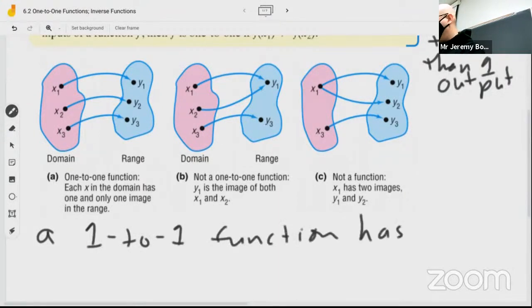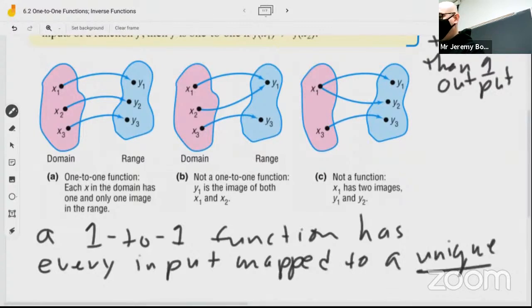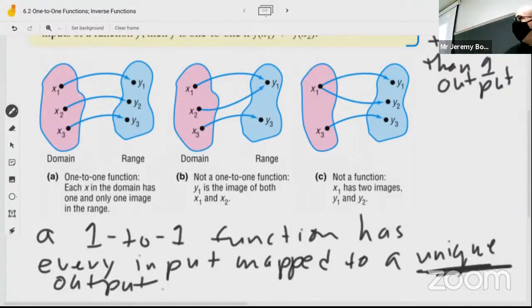Has every input mapped to a unique output. And that's what makes it one-to-one. It makes sense. It's in the name, 1 to 1. That one x is mapped to one y. There's no other x mapped to that y. 1 to 1.